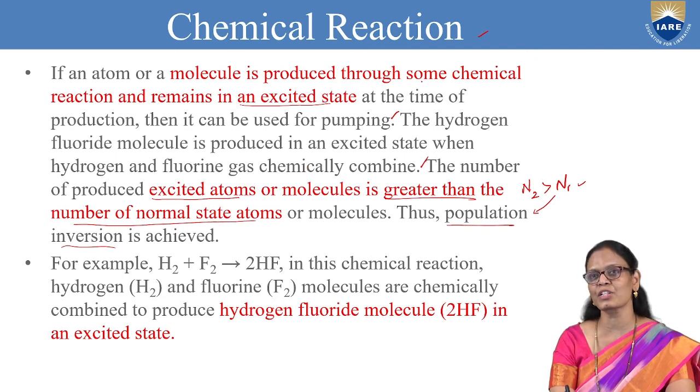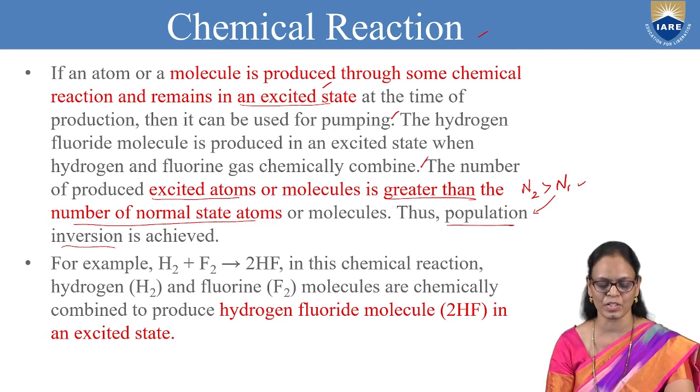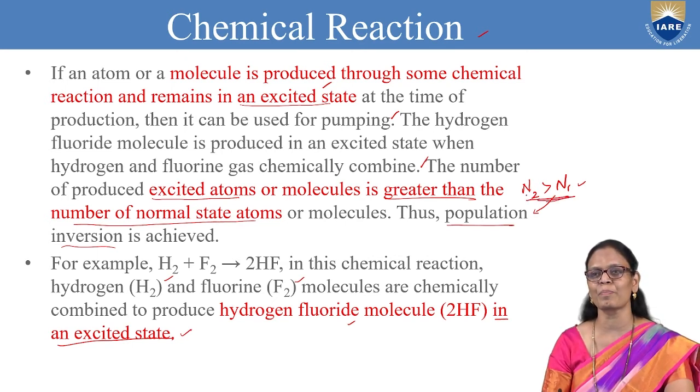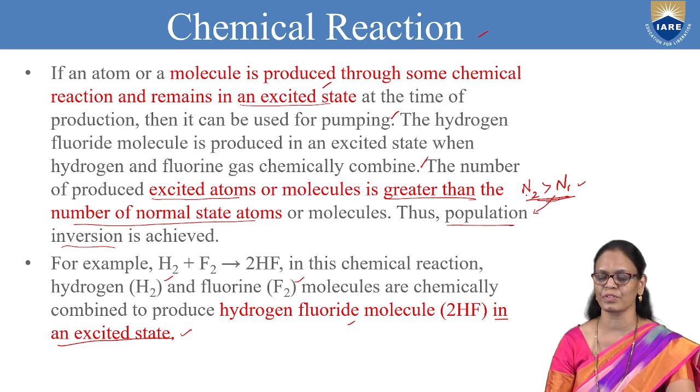Because of chemical combination, these atoms remain in the excited state, thereby achieving population inversion. The example here is H2 plus F2 gives 2HF. In this chemical reaction, the hydrogen and fluorine molecules chemically combine and produce hydrogen fluoride, which is in the excited state. So when they are in the excited state, as I said, the condition for population inversion is already achieved.